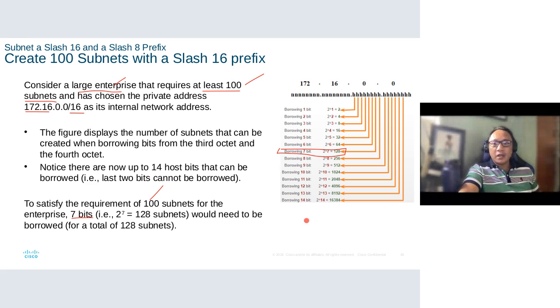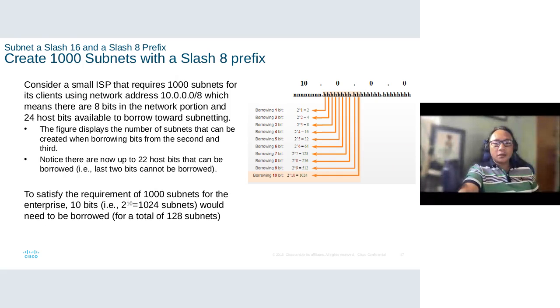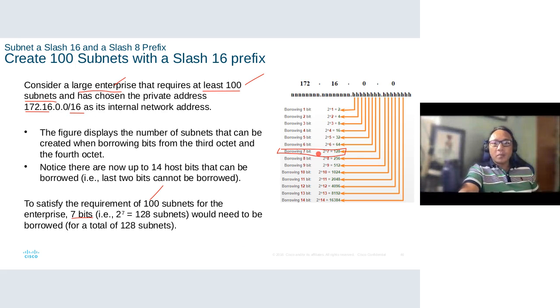So ano na ngayon ang mangyayari? So ano na ngayon ang itsura? So ito yung itsura niya. So magbabaro siya ng 7 bits. So ibig sabihin ang magiging subnet mask mo is 172.16.0.0/23. Kasi nagborrow ka ng 7 bits para makapag-create ka ng 128 na subnets.